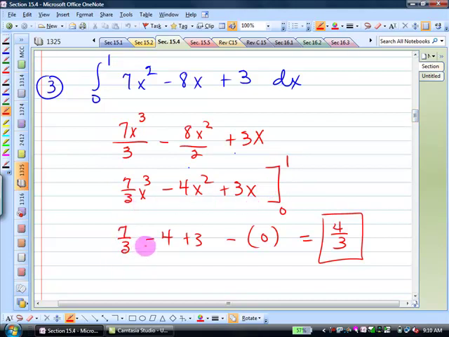You get 7/3 minus 4 plus 3. And then it's minus. Well, when you plug in 0 in all that, that just goes to 0. Okay? So combine these 3 things, and you get 4/3. The answers in MyLab, they want it to be in fractions, so keep that in mind.